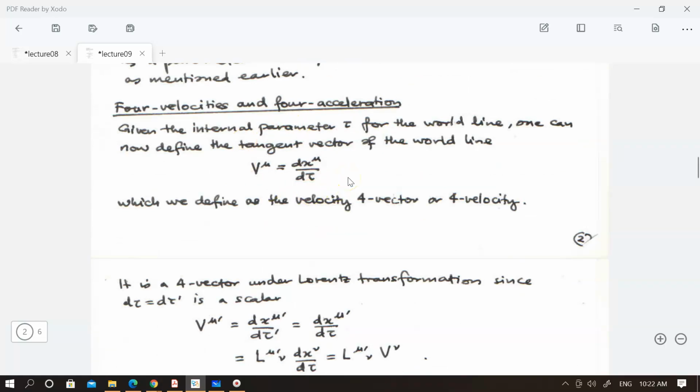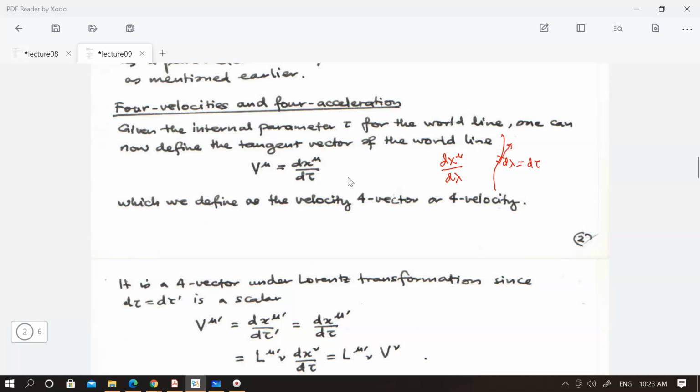Remember, it was given earlier in terms of dx mu over d lambda, where lambda is parameterized along the curve. Now we replace this d lambda with your d tau. In other words, the tangent vector is now given by the derivative of your space-time coordinates with respect to this parameter tau.